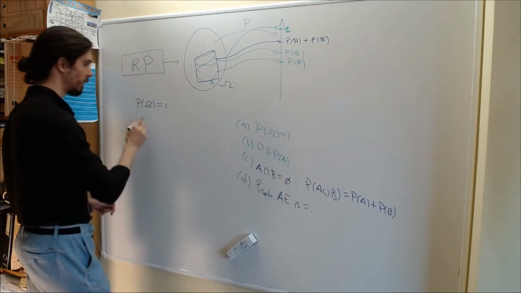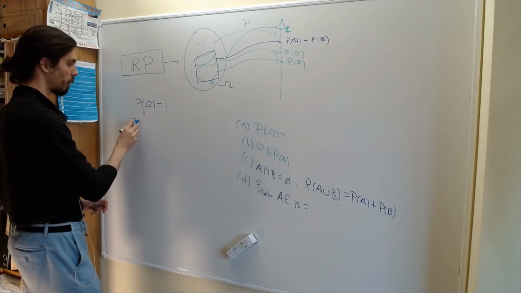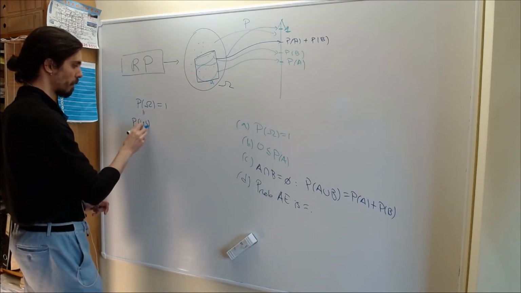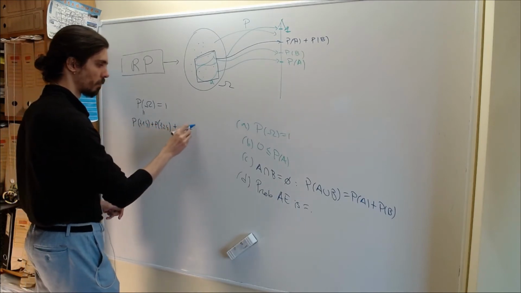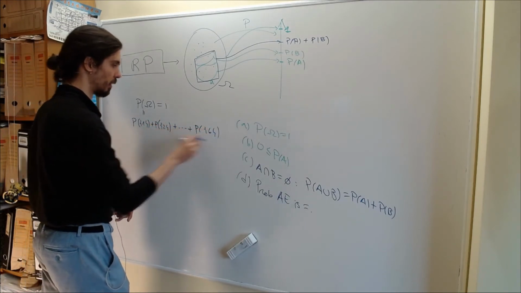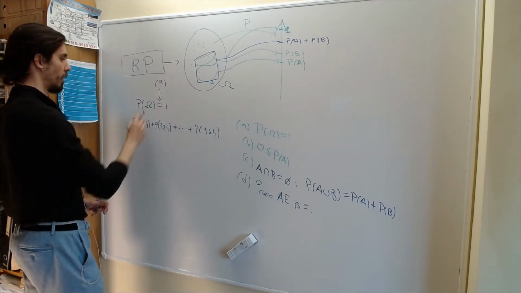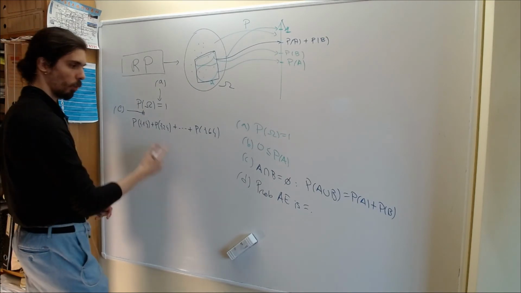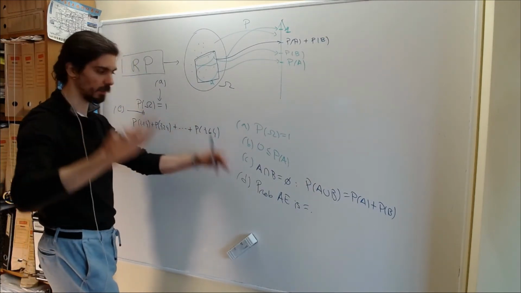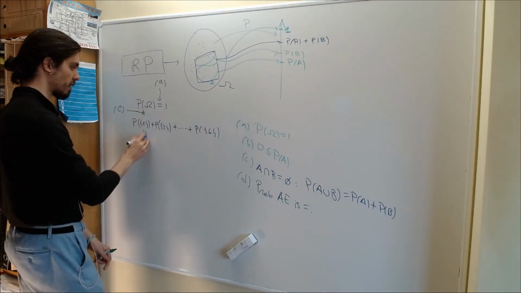By rule C, the probability of omega is the probability of 1 plus the probability of 2 up to the probability of 6. So this is rule number A, this is rule number C, and now, because we are under this assumption D, we can say something else.